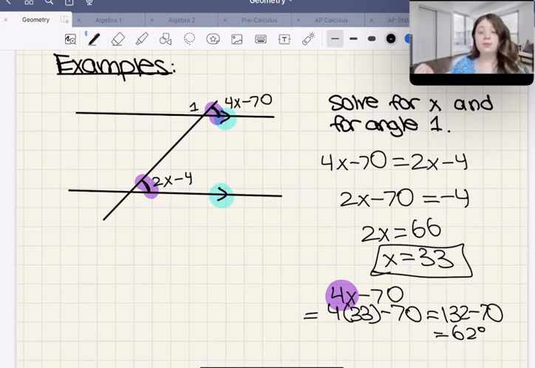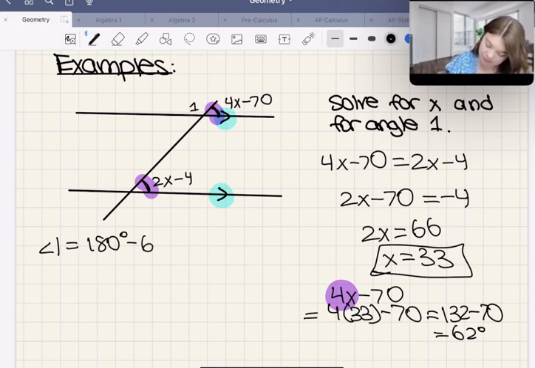Notice that the purple angle forms a linear pair with angle 1, right? Because they form a linear pair, and linear pairs sum to 180, that tells us that the measure of angle 1 is equal to 180 minus 62, which is 118 degrees.